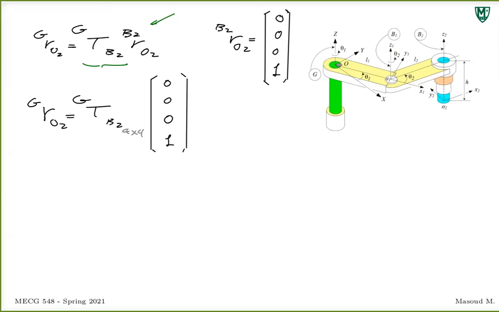This is a 4x4 multiplied by a 4x1, so you end up with a 4x1, which gives you where RO2 is, and that will give you the coordinates of this.